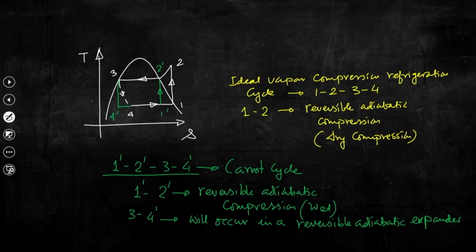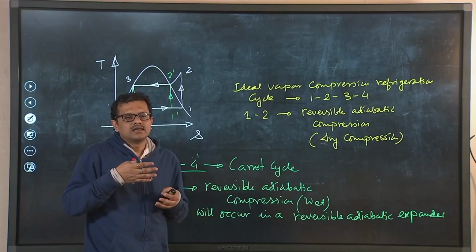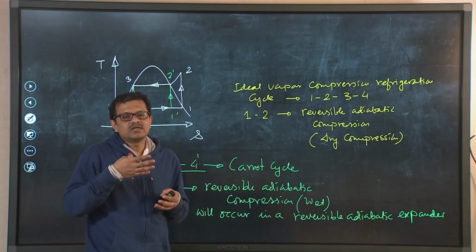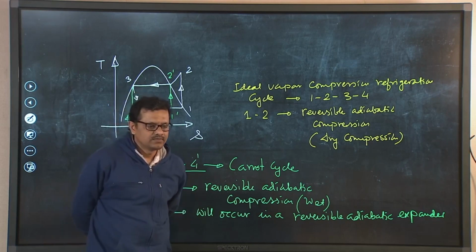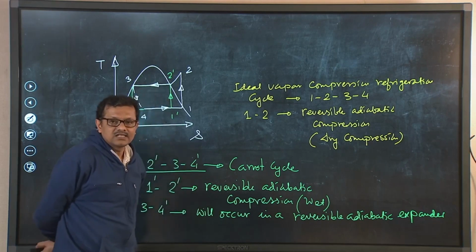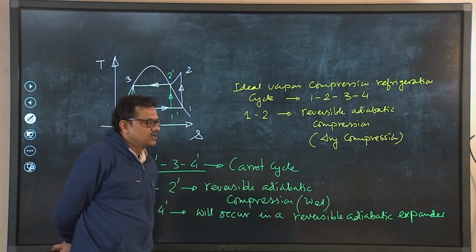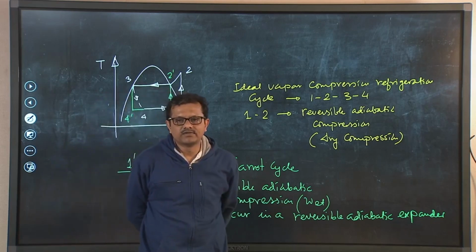So, liquid and vapor, since the compressibility of these two is different, then liquid and vapor being compressed differently will create a very detrimental phenomenon that is known as lubricant washout phenomenon.